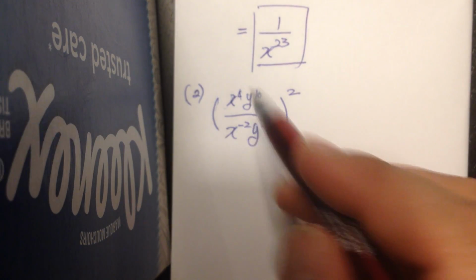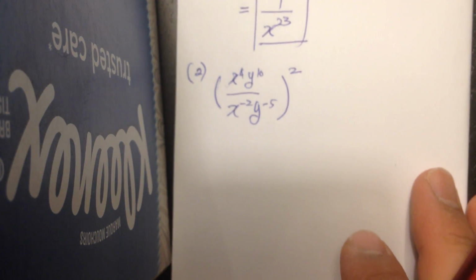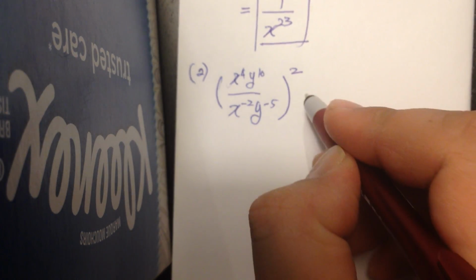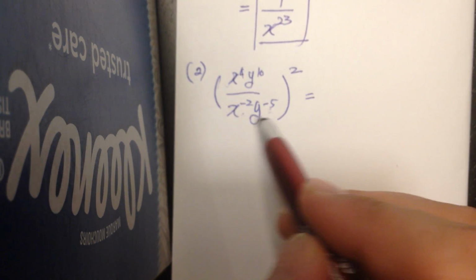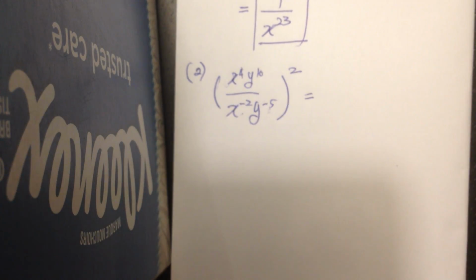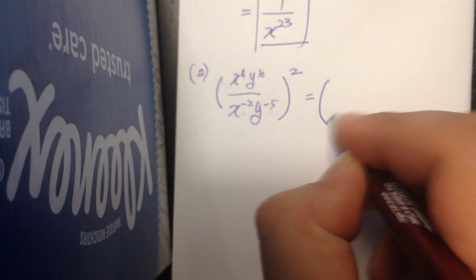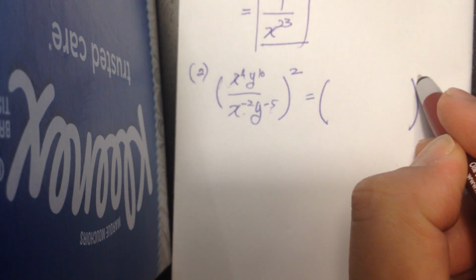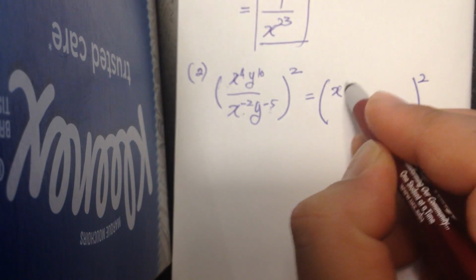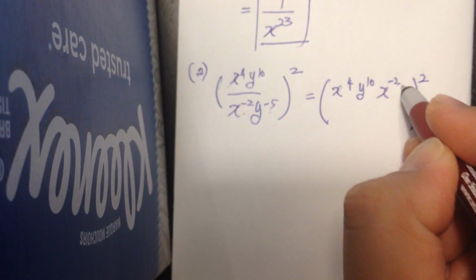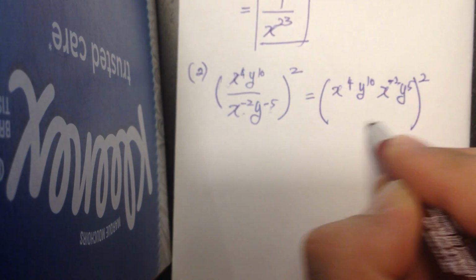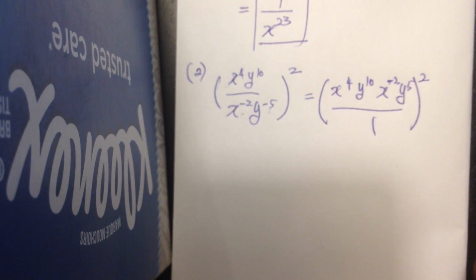Obviously, I'm going to apply the PEMDAS, meaning I'm going to do the inside of the parentheses. Because of their negative exponents, these two will go up. Okay? So there we got, we used to have x4, y10, x negative 2, oops, over 1.